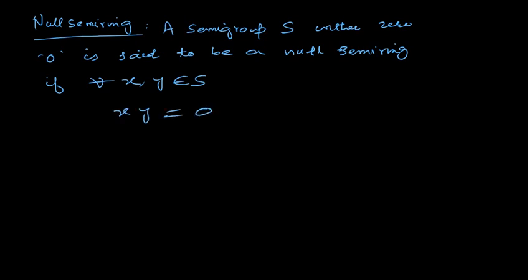That means the product of any two elements is equal to 0 in this null semigroup.